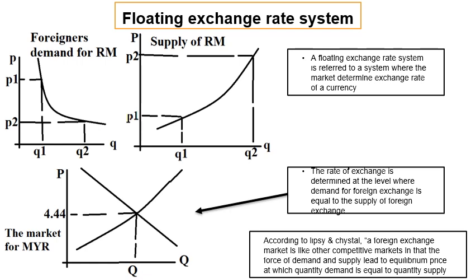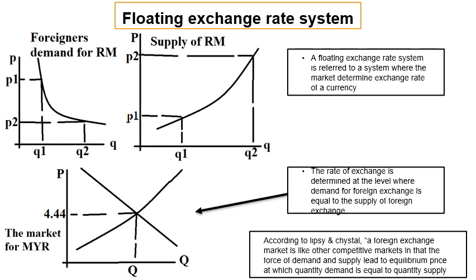But if the price is P2, Q2 units are going to be demanded, which means they are going to demand more. At the same time, those who have Malaysian ringgit, if the price is at P1, are willing to supply Q1 units, but at P2 they are going to supply Q2 units.